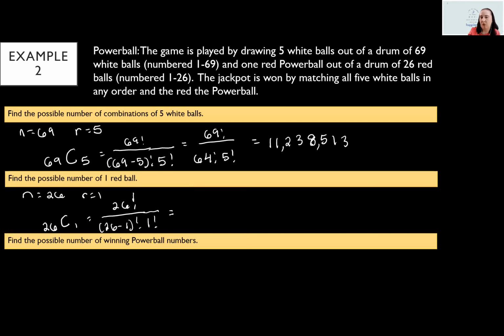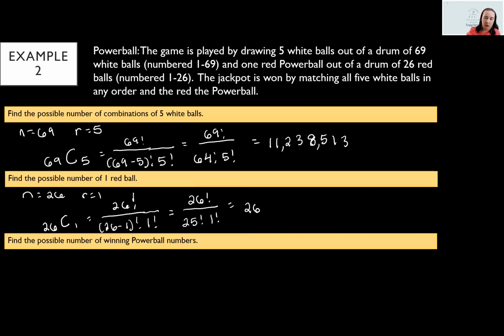So this is 26 factorial over 25 factorial times 1 factorial. And this is actually just 26. 1 factorial is equal to 1, so you're just dividing by 1. And then the divide by 25 factorial takes away the 25 factorial. That leaves you with 26. So this makes sense.